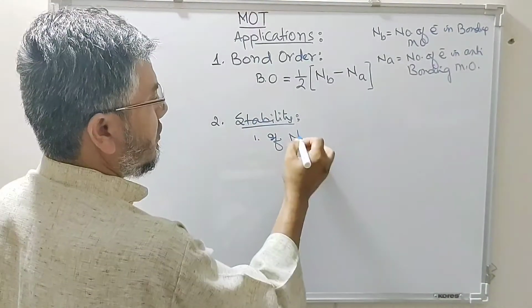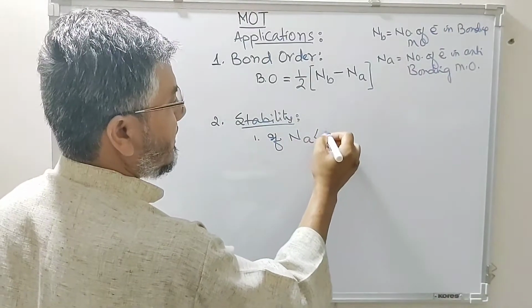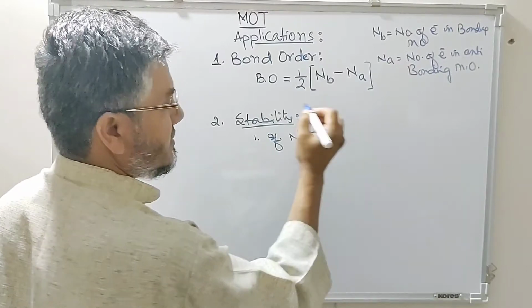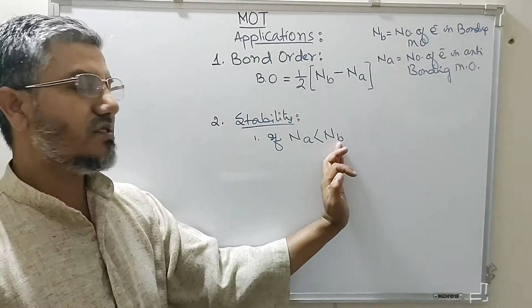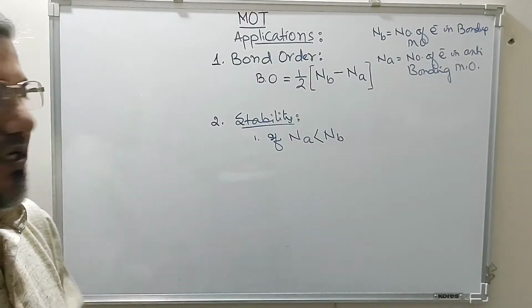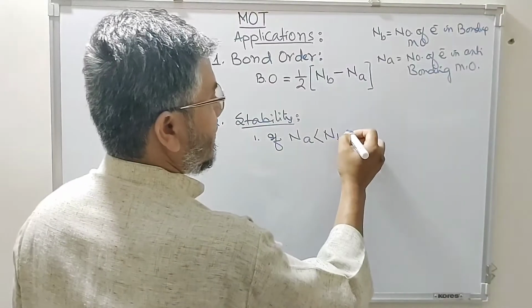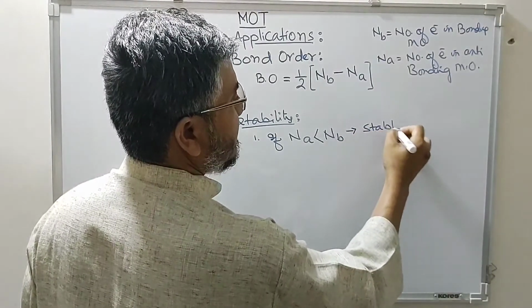If the number of electrons in anti-bonding is less than the number of electrons present in bonding, or we say if the number of electrons in bonding is greater than the number of electrons present in anti-bonding, then the molecule is said to be stable. So let's see why this is so.